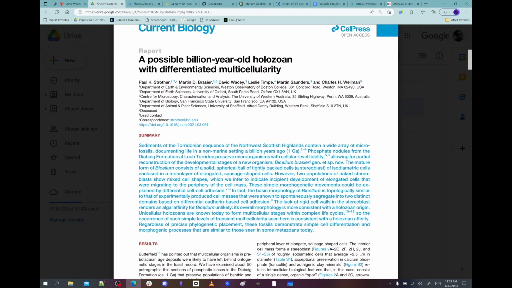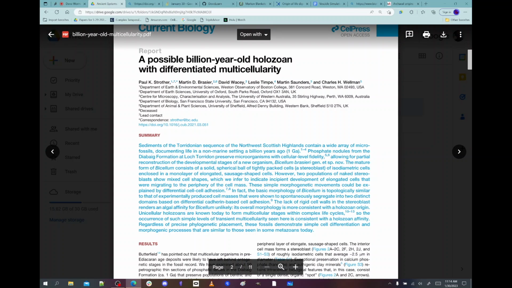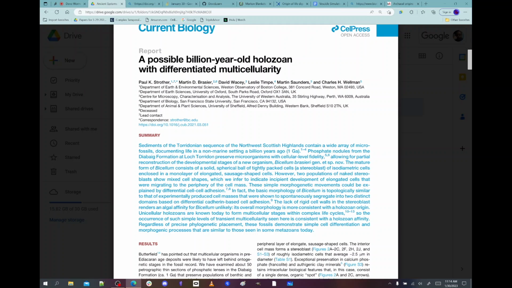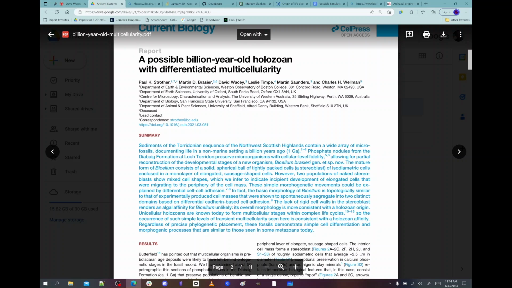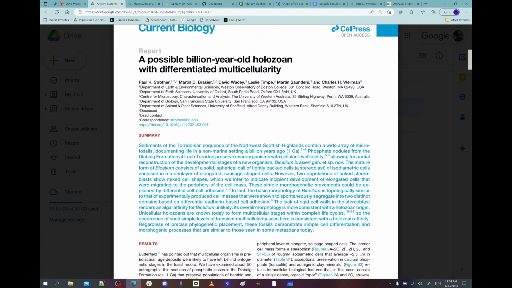So as cells move around, they adhere to one another, they don't adhere, and that produces the effects of sorting as they migrate. In fact, the basic morphology of Bicellum is topologically similar to that of experimentally produced cell masses that were shown to spontaneously segregate into two distinct domains based on differential cadherin-based cell adhesion.